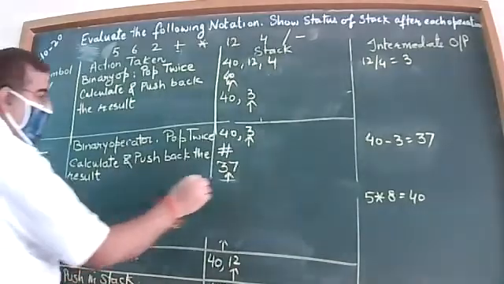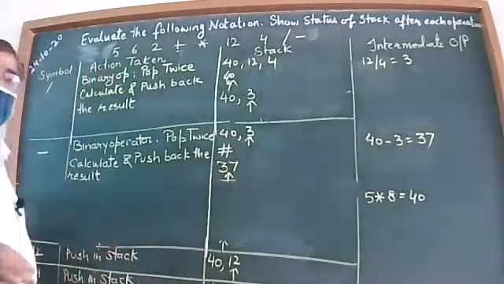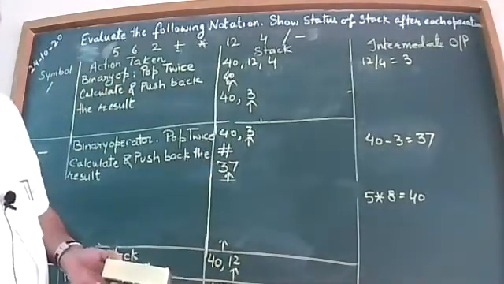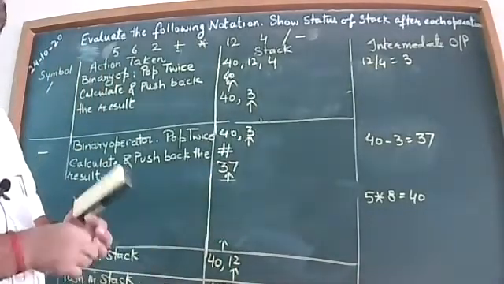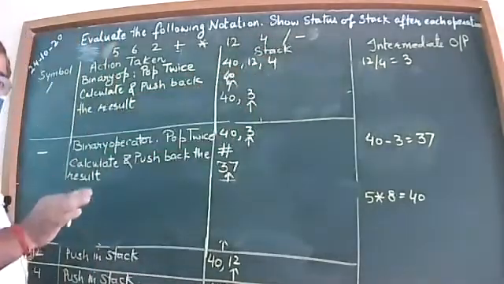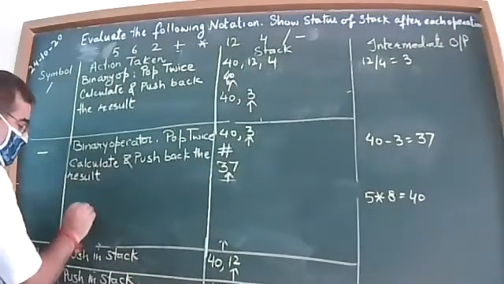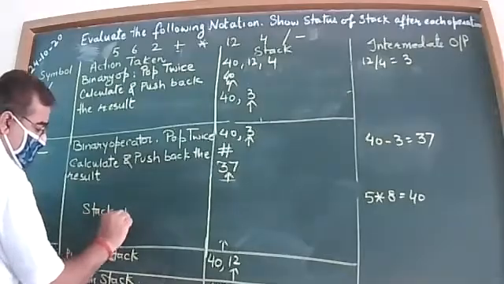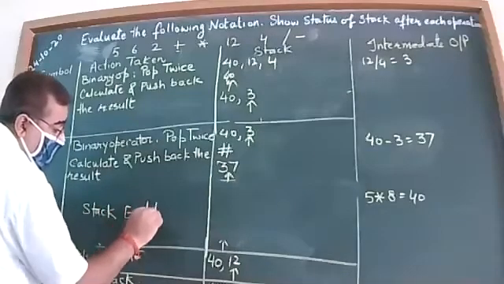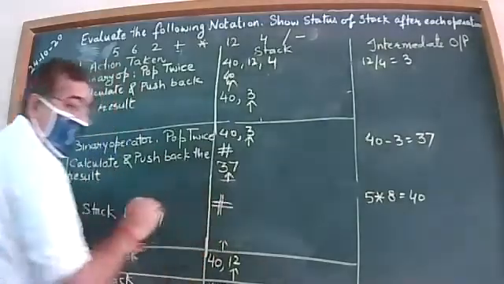Right? Now after pushing back the final result, here our question comes to an end. So at the last, what we are to do, we are to write this line: stack empty, put hash over here.